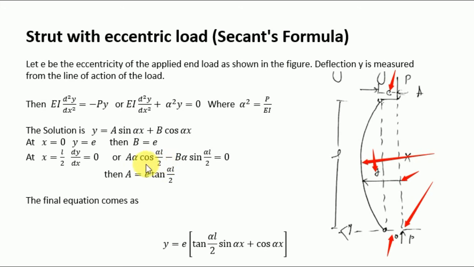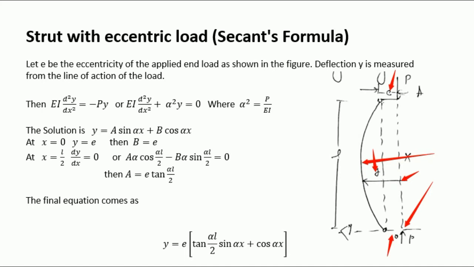By putting x equal to L by 2 into this formula, we get the value of A, and then putting the A and B values in, we have the final equation of deflection y for eccentricity.